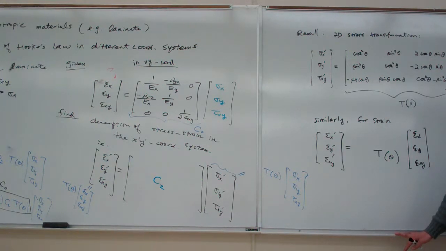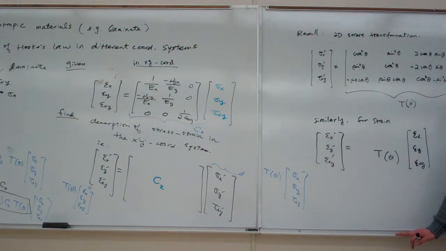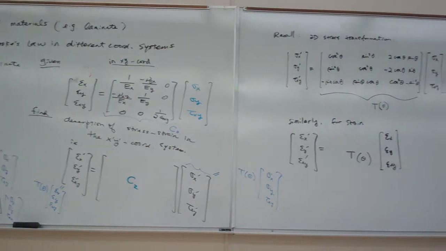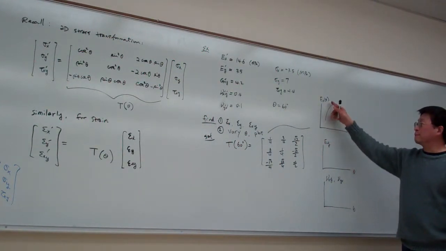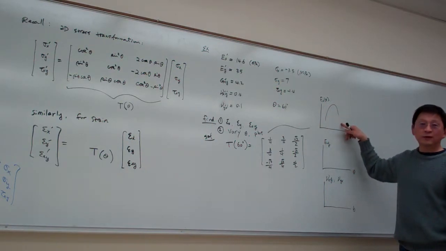Otherwise, you have to do the derivation by hand. Okay, and on the second page of the handout, I have done the dirty work for you. Which means to plot those things, you simply verify my calculations and then plot each component in terms of this one.